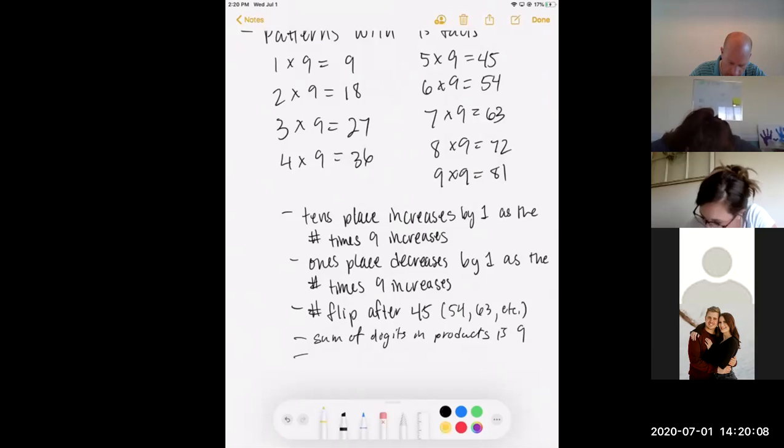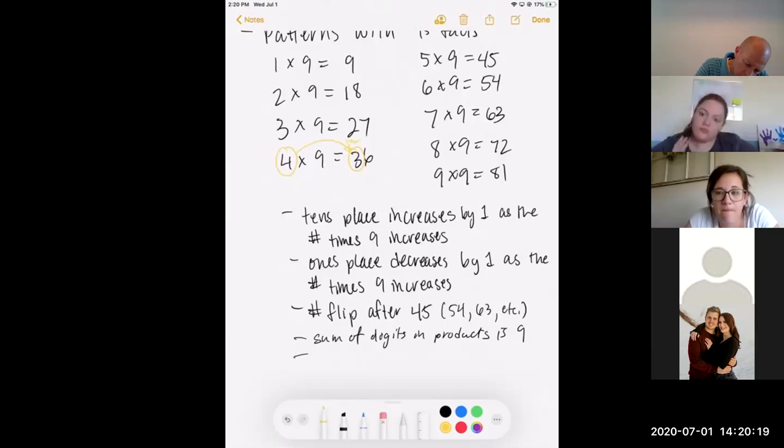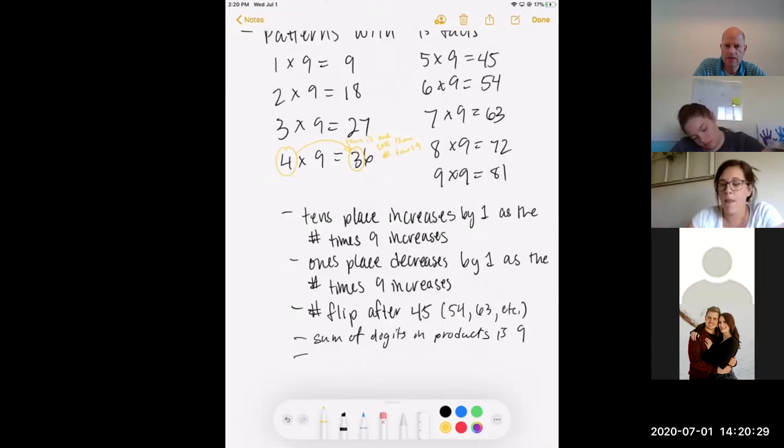So let's take a look. Is it a coincidence that this 4 right here compared to this 3 is 1 less? So that the tens place is 1 less than the number times 9, is that a coincidence?